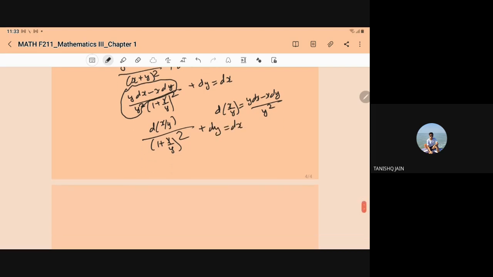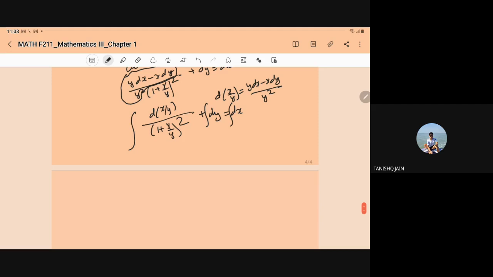So now it is exactly integrable, right? You can integrate directly. So what is the integral of dx/(1 + x²)? What is the integral of dx upon 1 plus x whole square?